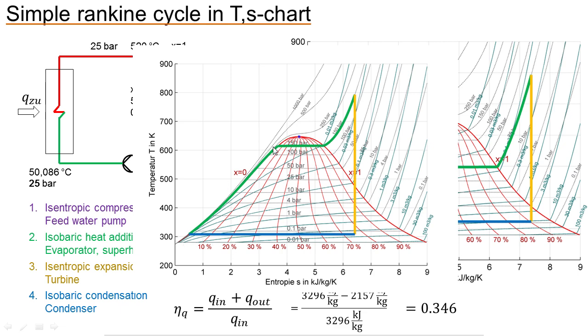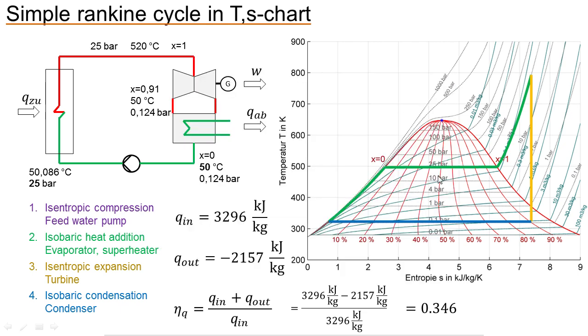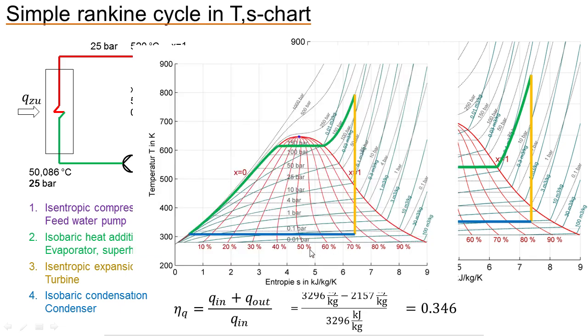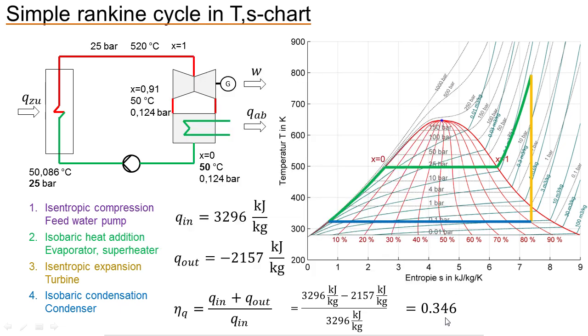Sometimes you find a diagram like this in some books for explanation, but I want to use a diagram like this because these are values you can use in a real turbine, even if it's not that efficient. If you would do it like this, you would have a high efficiency and there's no need to do something else, but we want to have a higher efficiency later in this video.